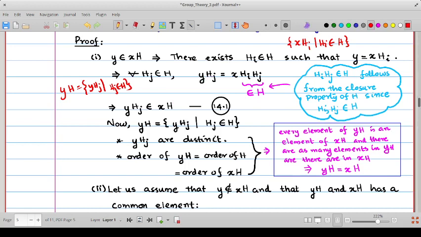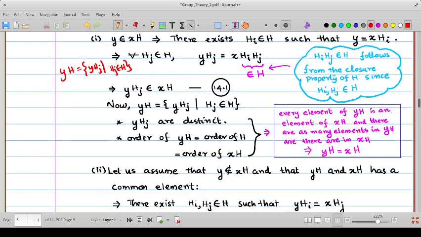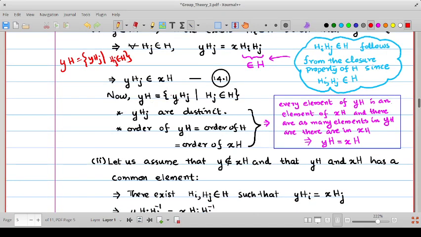So that means yHj is an element of xH. So for any hj, any element hj of the subgroup H, yhj is an element of xH. Which means that yH, which is a set of elements given by yhj, all of which are elements of xH as well.